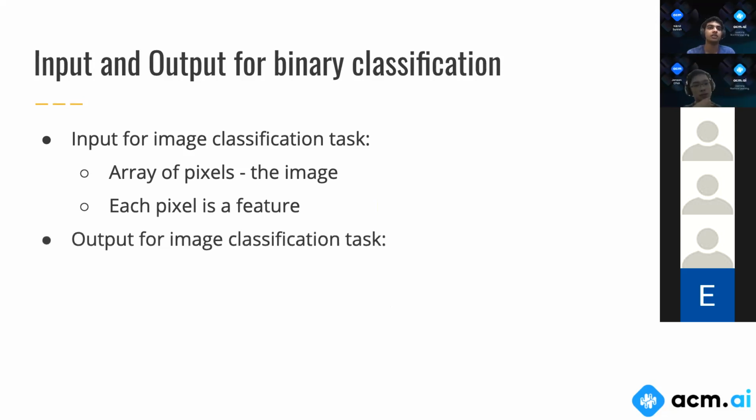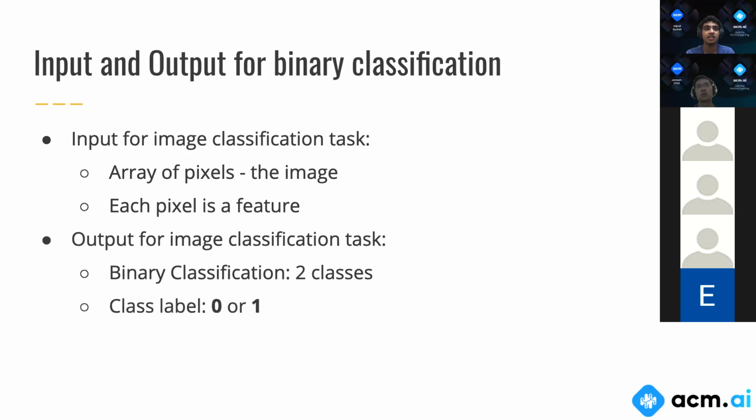So each pixel is therefore a feature of our method. And then as an output, this might be surprising to you guys, but our output depends on how many classes we have. It follows a pattern, I would say. Let's say we're going for a binary classification, meaning we're going to have 2 classes. In that case, our output's either going to be a 0 or a 1 or anything in between. In theory, we would want our output to say 0 for class 0 or 1 for class 1.